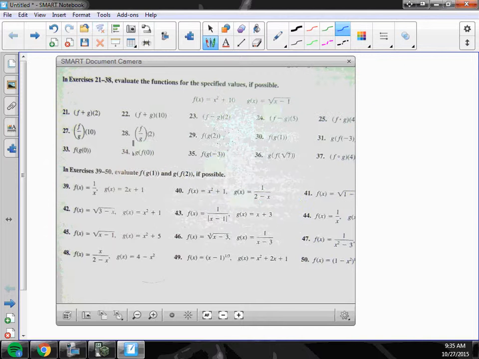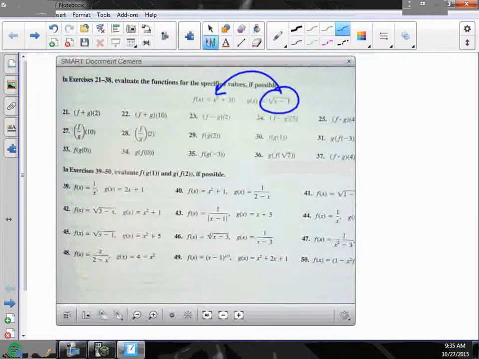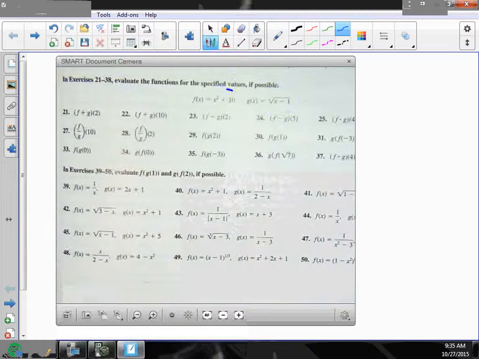So if we look at 36, if I'm sticking g into f, should I compose that to start, or should I plug root 7 into the f function and then plug that? Oh, I got that backwards. Sorry. We're going to plug f into g.